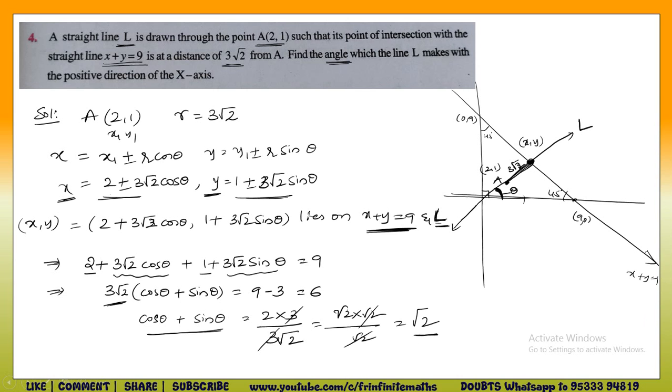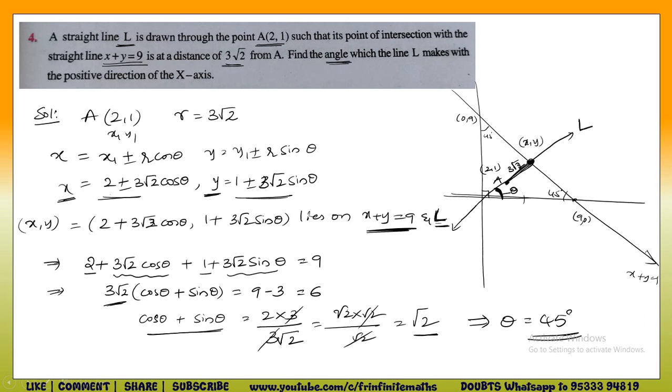So cos theta plus sin theta is equal to root 2 is possible when theta is equal to 45 degrees. When theta is equal to 45 degrees, cos theta plus sin theta is equal to root 2, which is nothing but 1 by root 2 plus 1 by root 2 gives me root 2, right? Hence from this, the line L makes an angle of 45 degrees with the positive direction of x-axis.